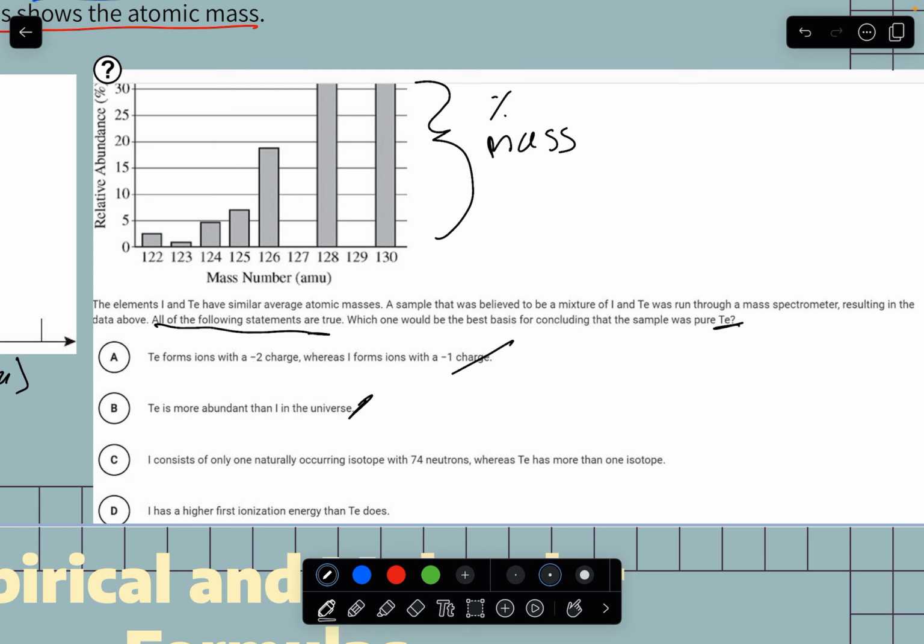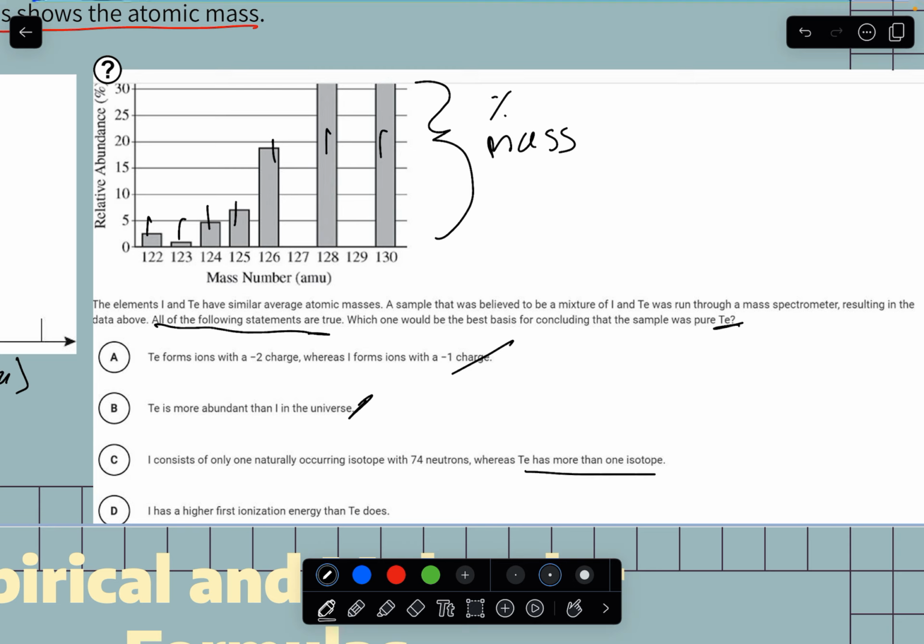For C, iodine consists of only one naturally occurring isotope at 74 neutrons, whereas tellurium has more than one isotope. This could be supportive of this graph because this graph has more than one bar, right? It has 1, 2, 3, 4, 5, 6, 7 bars. That means 7 isotopes.